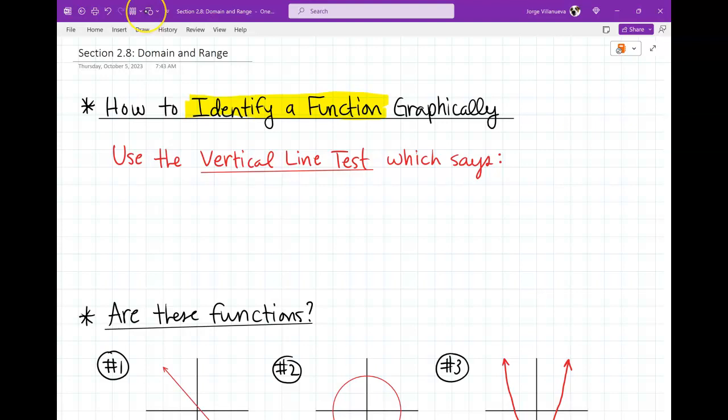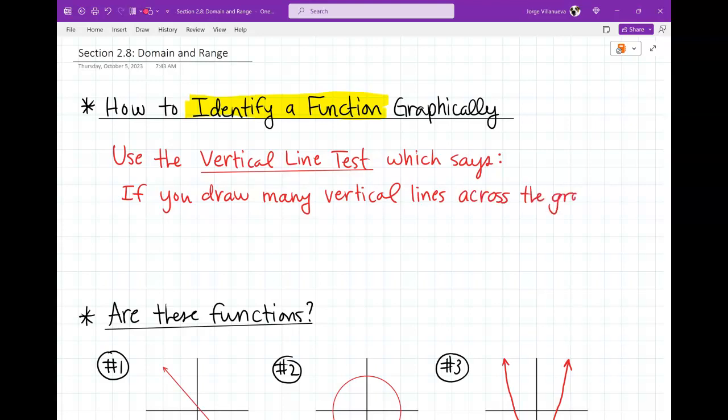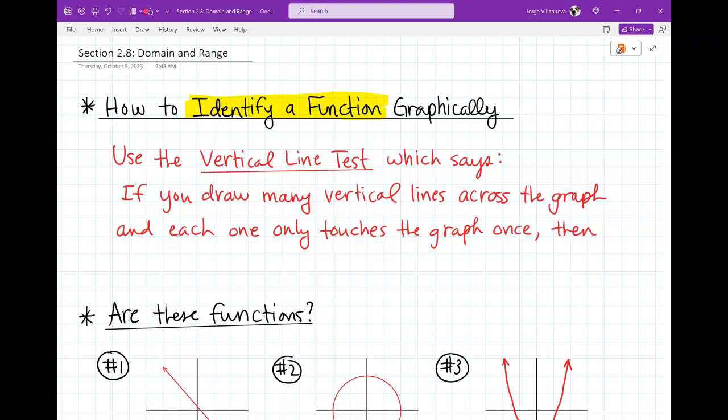Again, what does it say? It says if you draw many vertical lines across the graph, and each one only touches the graph once, then the graph is a function.